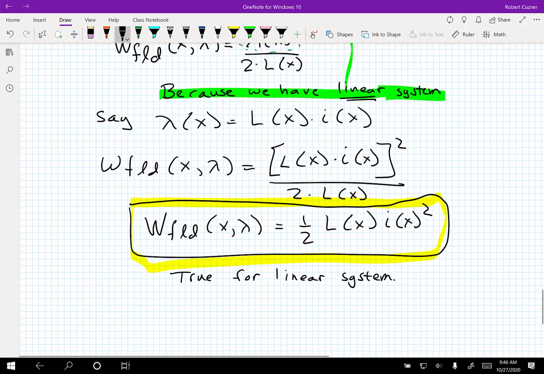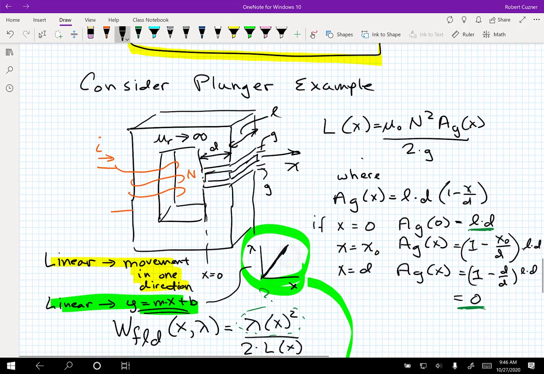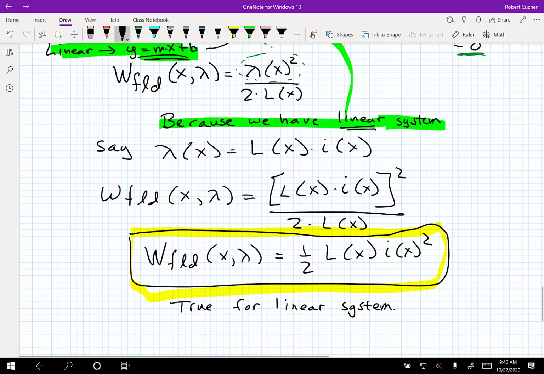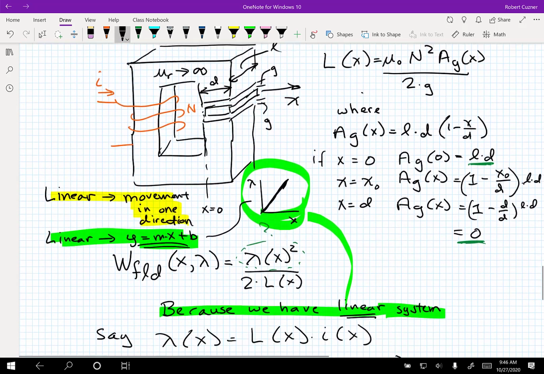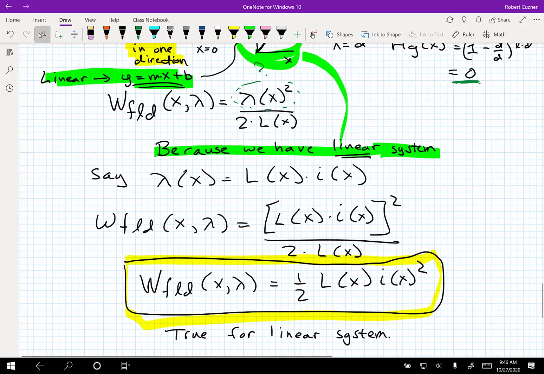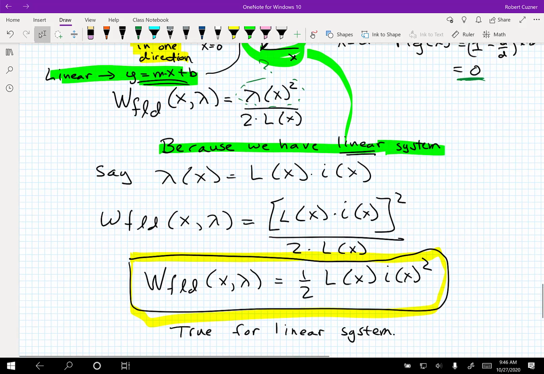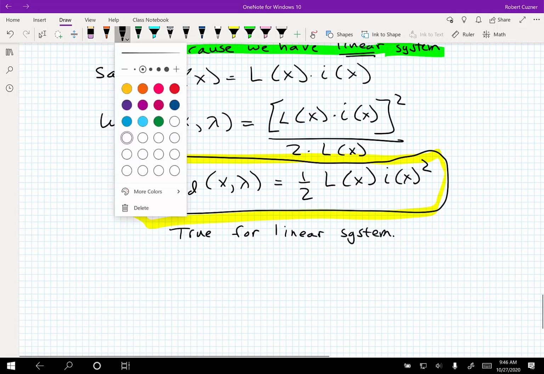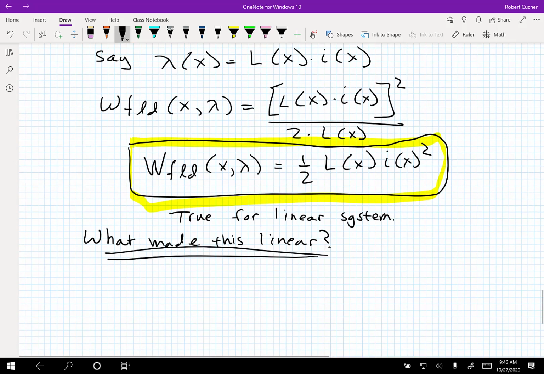Okay, so what we have been able to do so far with this plunger example is find an energy. Now, one thing that made this a linear system, we can ask that question.